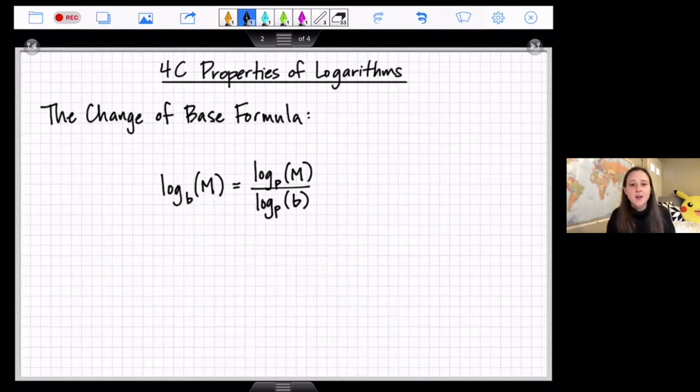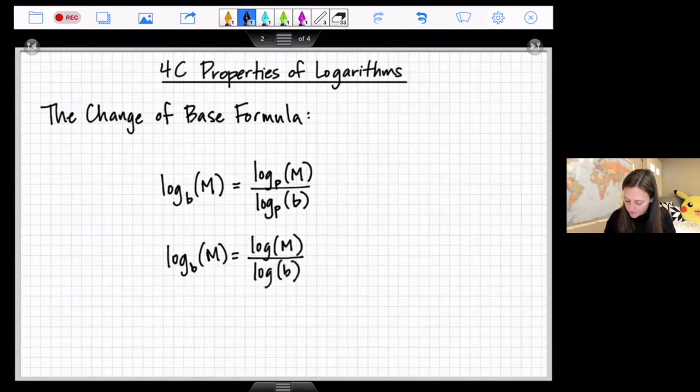This is useful in a calculator setting because I can choose that p to be the log base 10 or the log base e. So this is telling us that the log base b of m is equal to the log base 10 of m over the log base 10 of b, or I could choose the log base e, the natural log.